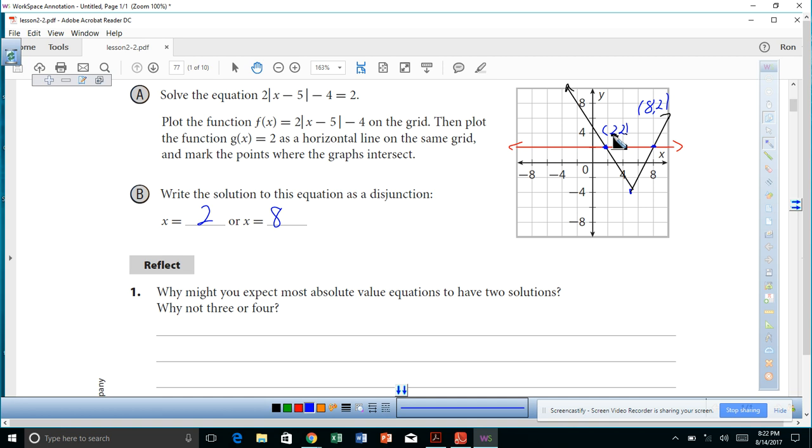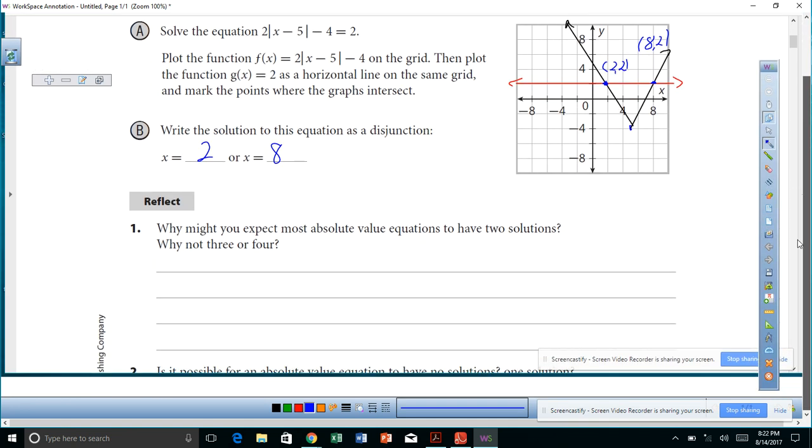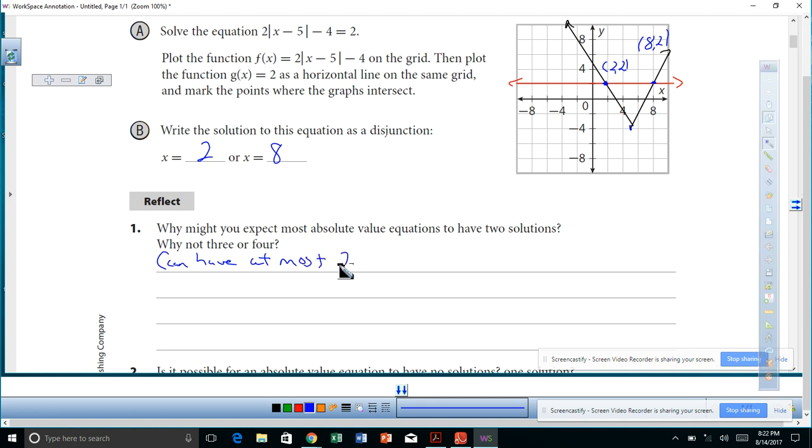An absolute value graph can intersect a horizontal line at most at two sides. So it can have at most two solutions, like the one right there.